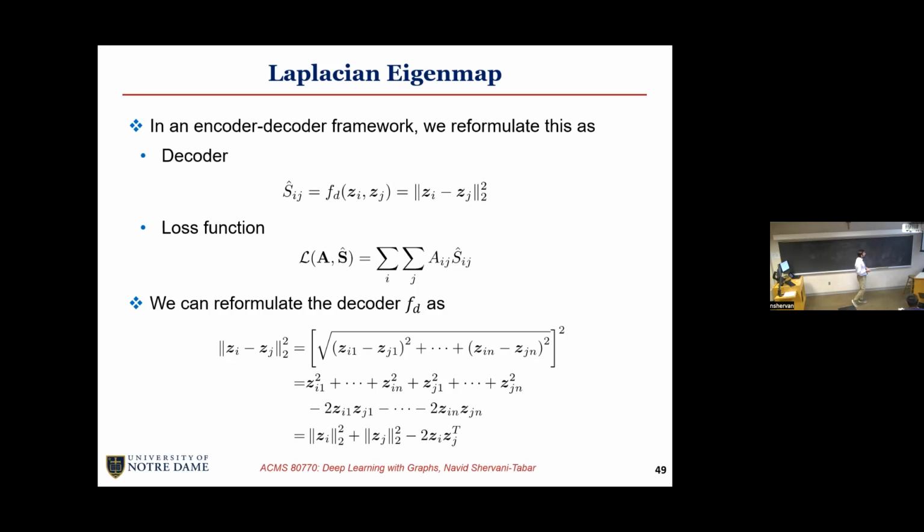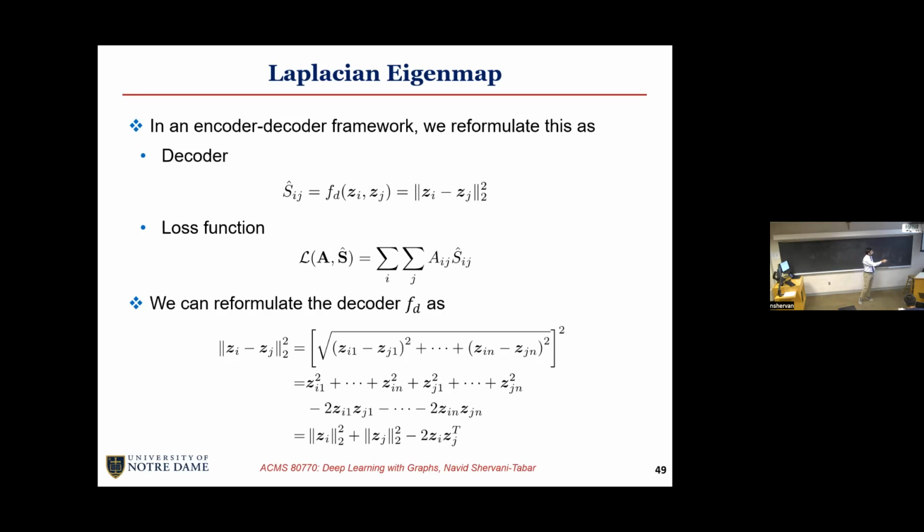So I can assume there's a decoding function that takes Zi and Zj and returns the squared L2 distance. Then I can plug this reconstructed measure in and formulate my loss function as a function of the reconstructed measure and some similarity measure of my choice. In this scenario I have A, my adjacency matrix.